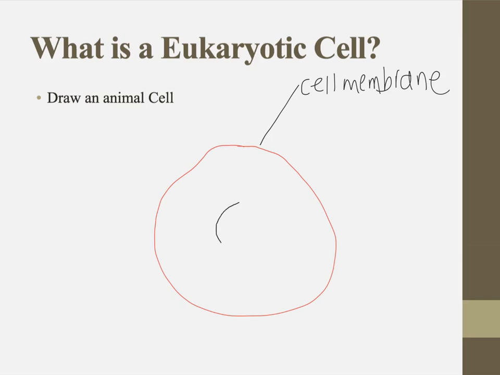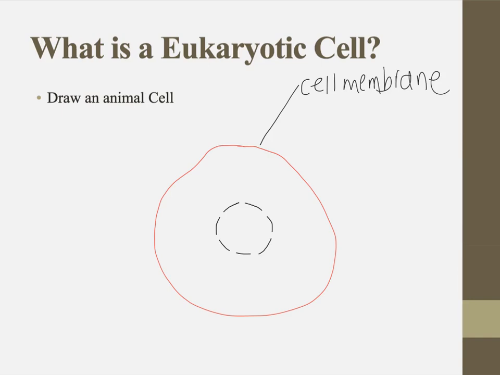The nucleus is kind of round like this, but it's not a solid line. There are tiny little gaps or pores in the nucleus, and that's super important because, as we're going to learn in a later chapter, stuff has to get in and out of there. So I'm going to go ahead and label a couple of these things.